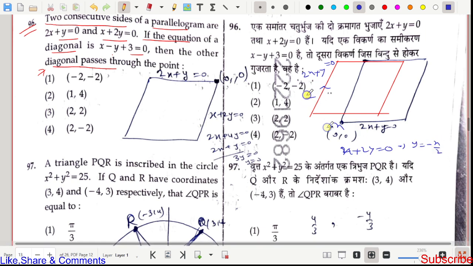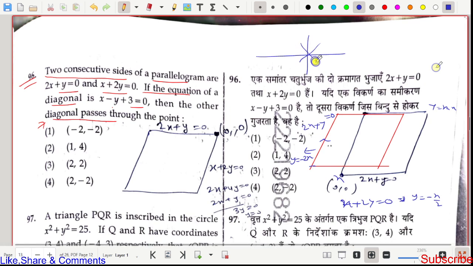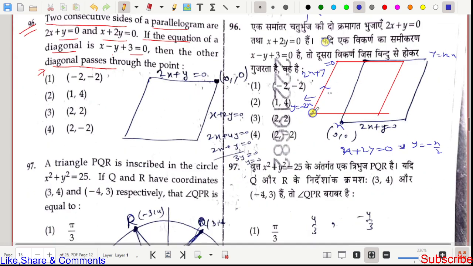This line we can write in the form of y equals minus 2x. Clear? Now check both straight lines: these two lines are in the form of y equals to mx, and we know a y equals to mx line passes through the origin. So if lines pass through the origin, then their point of intersection obviously will be the origin. So these two lines intersect at 0 comma 0.